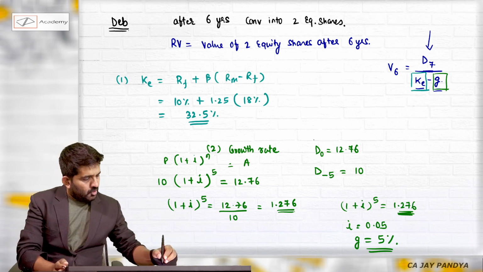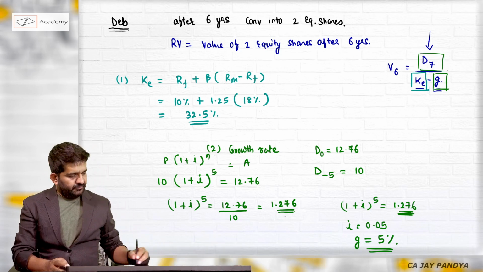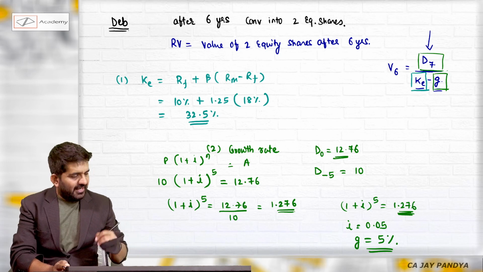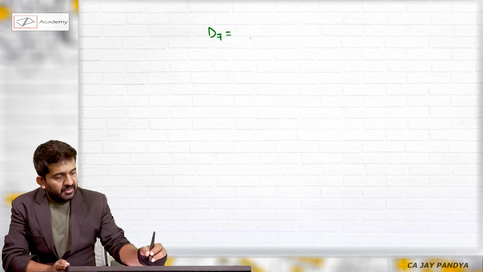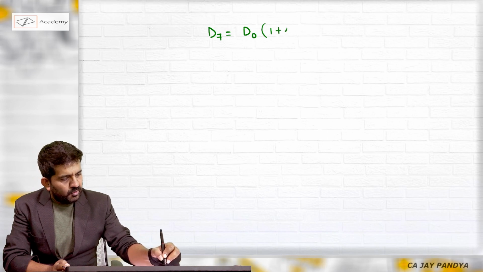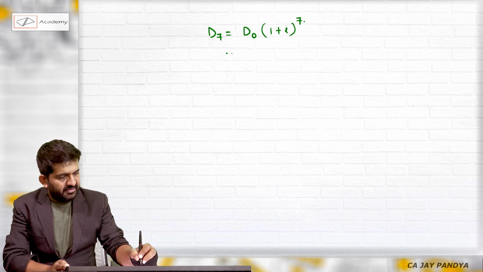Alright. I need answer of D7. I am having answer of D0? Yes. I can easily find out answer of D7. D7 is equal to D0 into growth rate for 7 years.